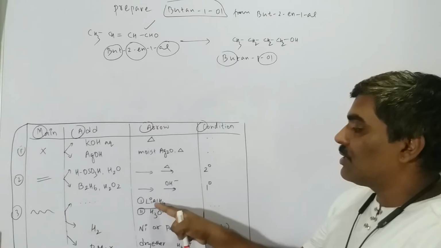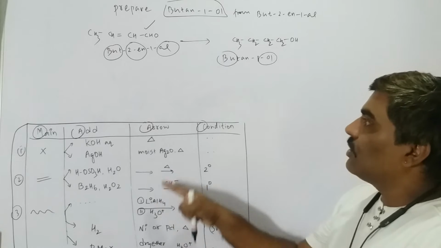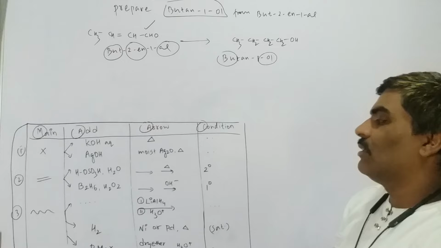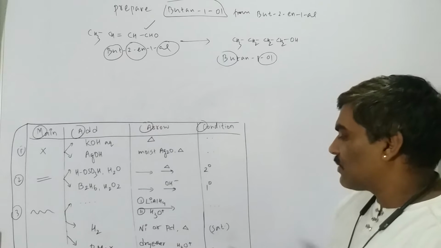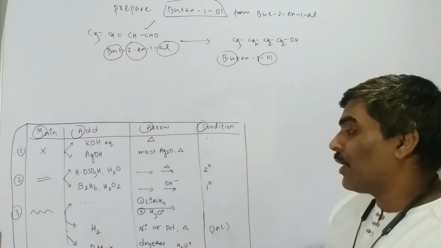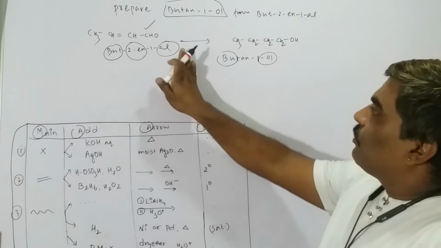You cannot use this lithium aluminum hydride. If this is used here, you will get unsaturated compound. So that you have to take care. That's why I wrote here saturated. Very important here to understand. Now I'll remove this.